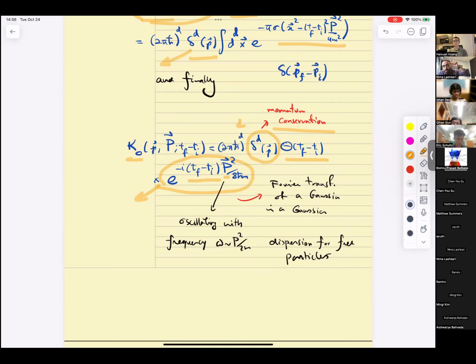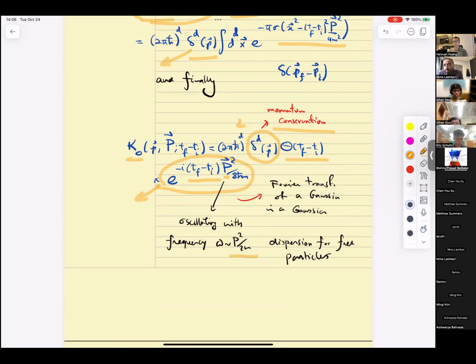If you recall, I said that we calculated the 2-point function in free field theory. And then we said, because of Lorentz invariance, you could always make them to be separated only in time. And the result was oscillating, right? In some sort of a small mass regime, it was just a phase that was oscillating with frequency that was set by the mass of the particle. Here, what we're finding is that it's an oscillating phase, and the frequency is set by p squared over 2m.